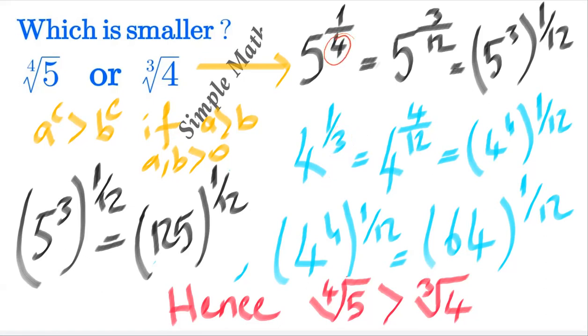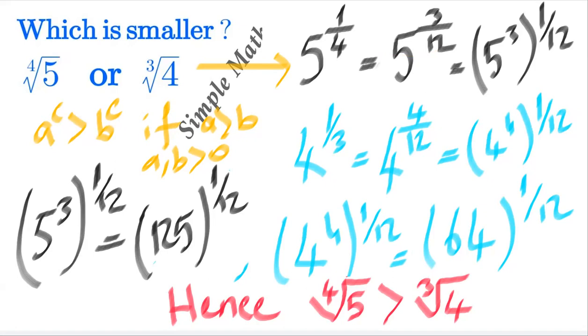To make these two equal, we extend this one by 3 and this one by 4. So then our new powers become these two. As you see, the fractions are equivalent, so we didn't change the fraction, we just extended.